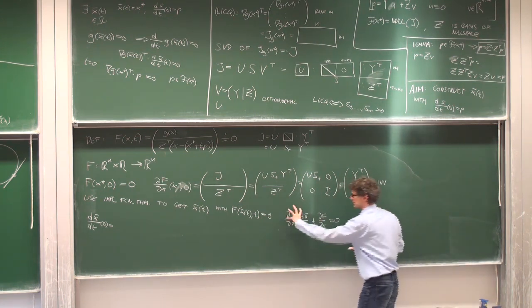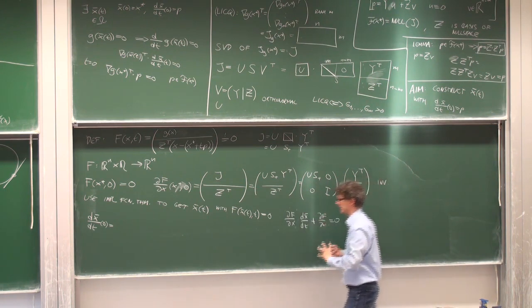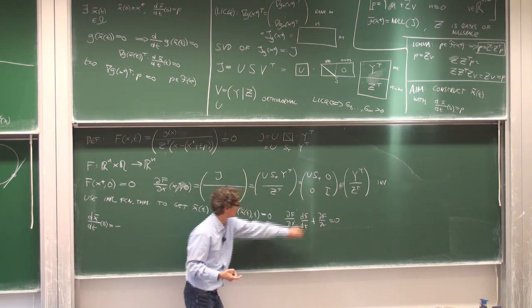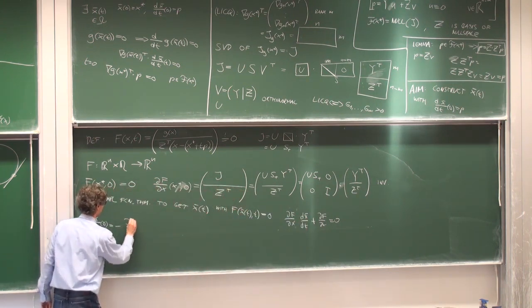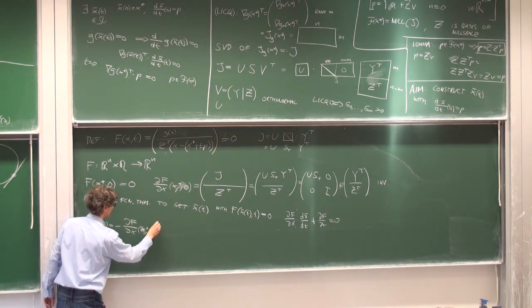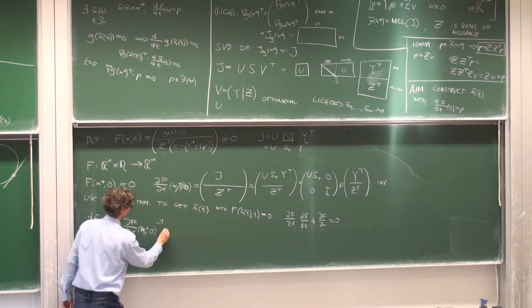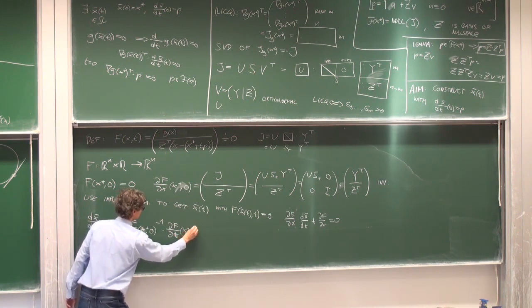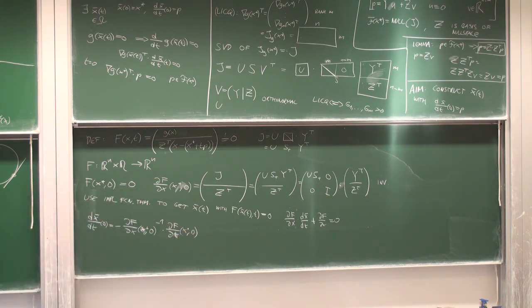I can invert this because that matrix is invertible, so then I get exactly a minus sign on one side, because then this thing is isolated, and I get df dx at x star 0 to the minus 1 times df by dt at x star and 0. That's the usual derivative from the implicit function theorem.